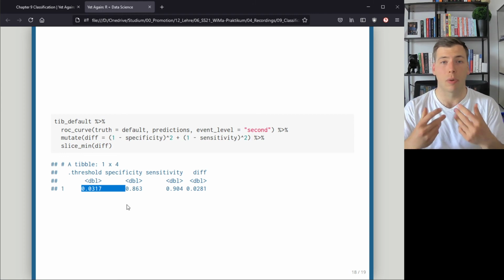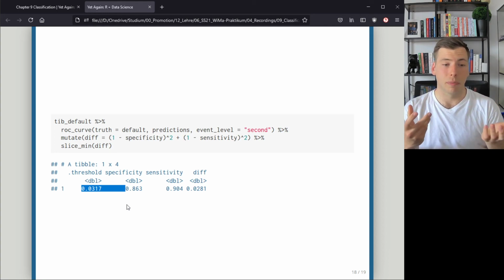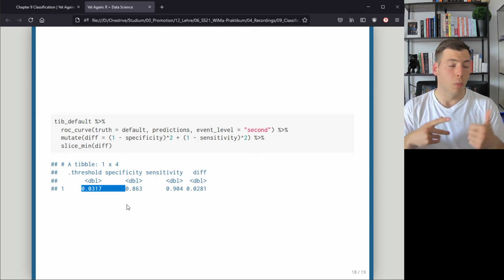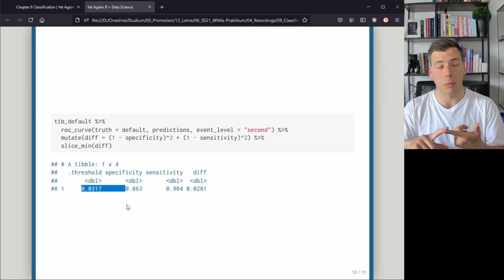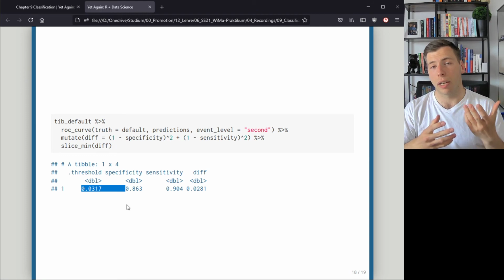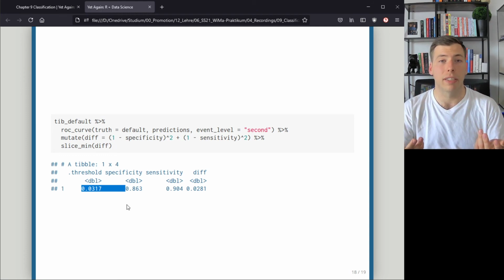For instance, if I'm a bank trying to classify my customers as defaulting or not, what kind of real world effect could I get from that? Using scenario analysis, I could say the true positives give me $1,000, the false positives give me $2,000 or whatever, and the others give me a profit of negative 500 or whatever. Then I can sum that up and maximize my profit. That could be one way to find the optimal threshold.